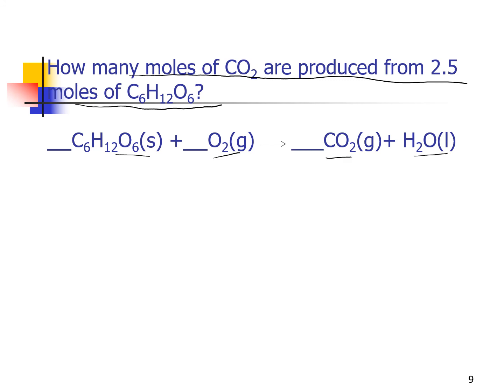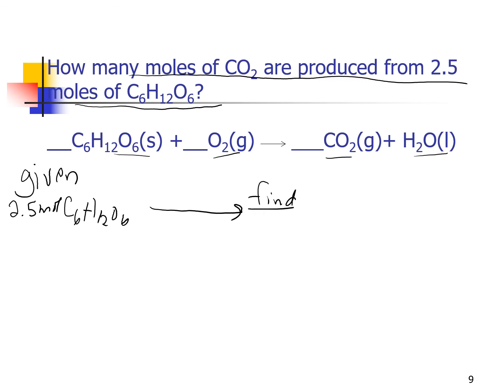So we need to create our plan, which is we are given 2.5 moles C6H12O6, and we are trying to find moles of CO2. And in order to go from moles of one type of compound to moles of another compound, we need to use our coefficients in our balanced equation. So we need to balance the reaction that is given to us.